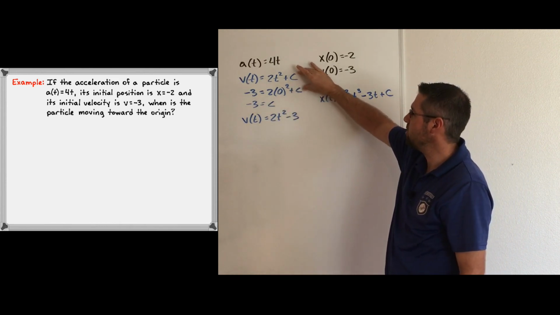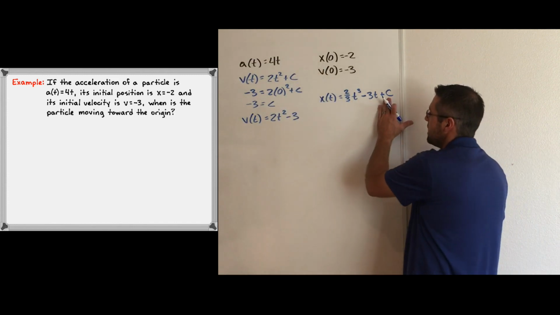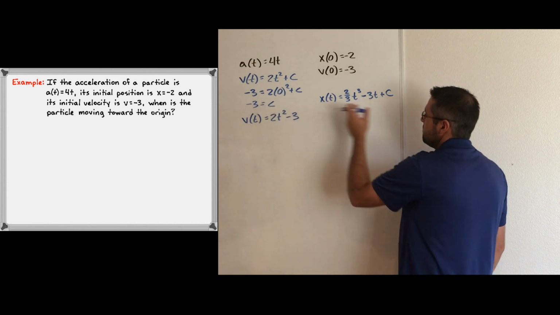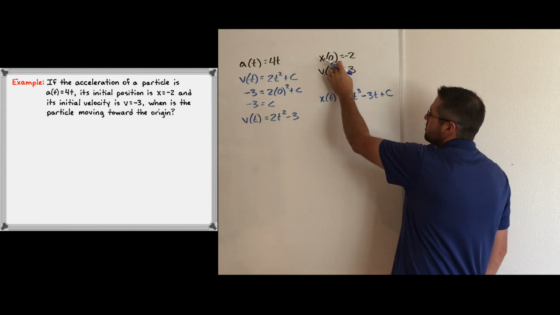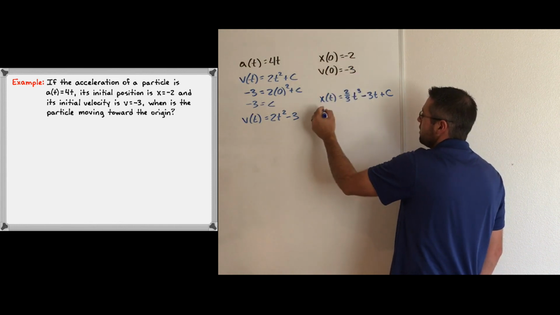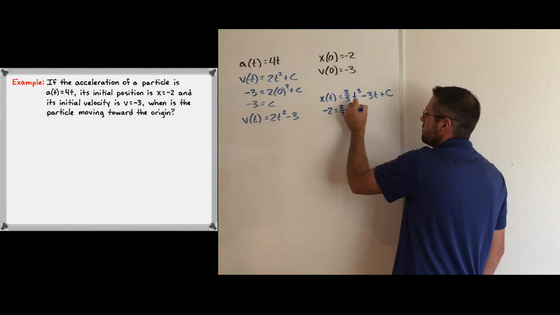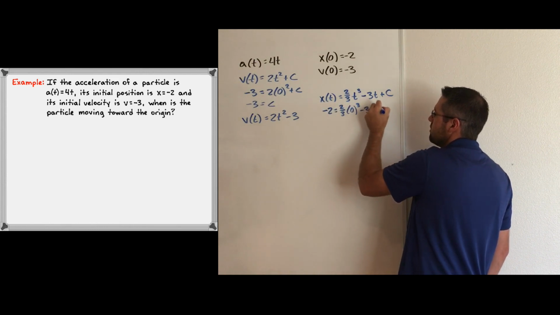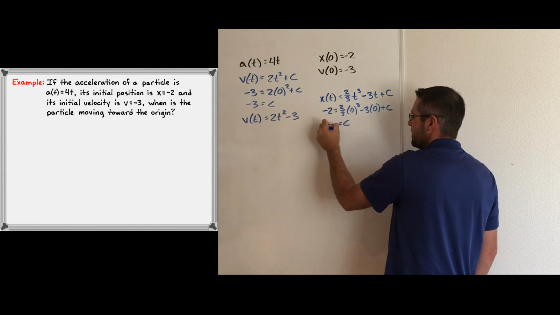We use the capital letter C to represent any and all constants. So we're not saying that this c is -3. If you want, call it d to represent a different variable. But now I know my initial position is -2 when t equals 0, so I can plug that in here. So I get -2 equals 2/3 times 0 cubed minus 3 times 0 plus c. Simplifying all that, we end up with c is -2.